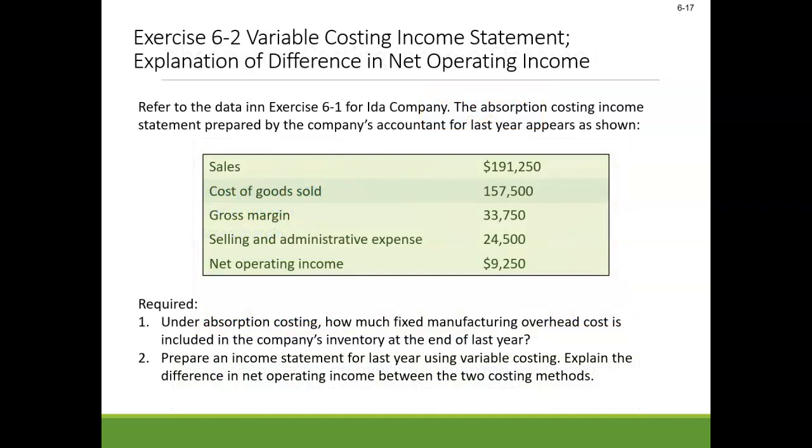Okay. Now, refer to the data in exercise 6.1 for IDA. The absorption costing income statement prepared by the company's accountant shows the information here. Under absorption costing, how much fixed manufacturing overhead cost is included in the company's inventory at the end of the year?